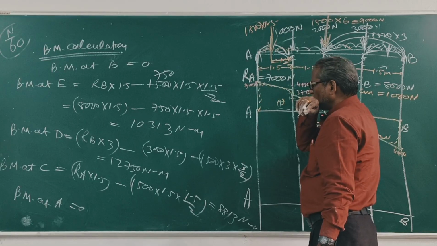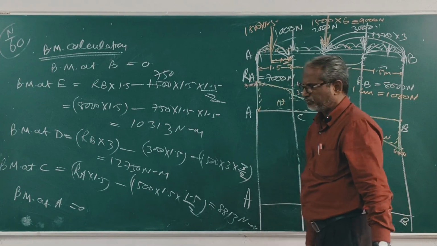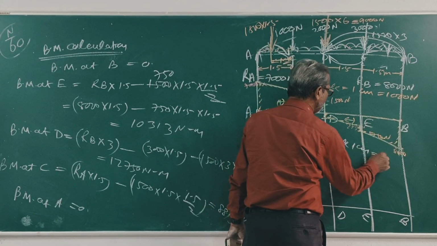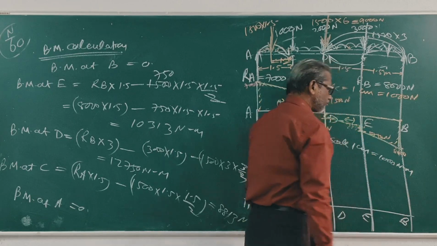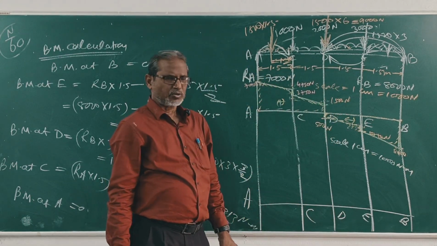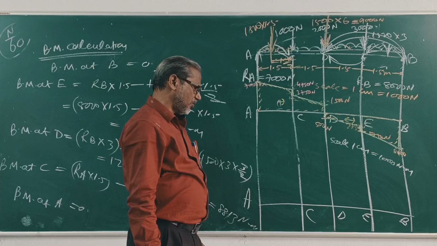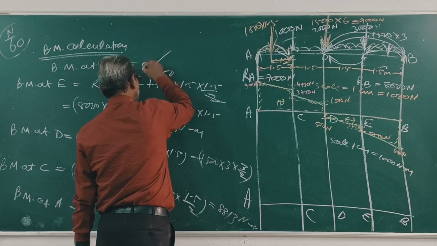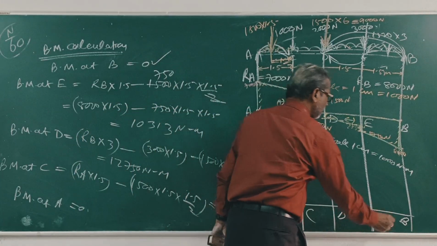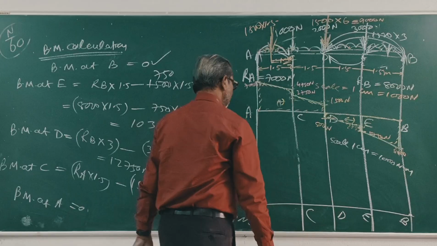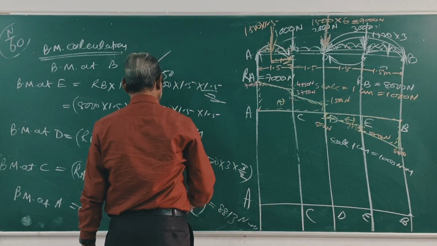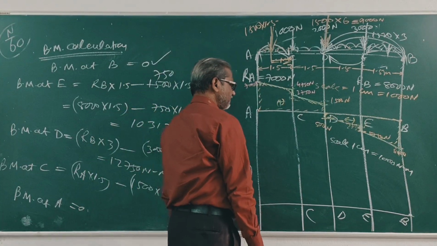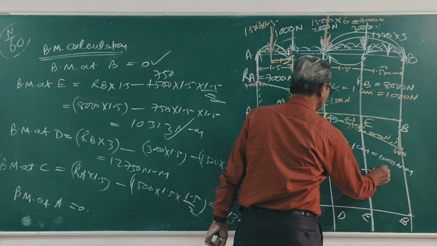Take scale, 1 cm is equal to 1000 Newton meter. Now at B, just at B 0. At E, suppose this is 10313 Newton meter.